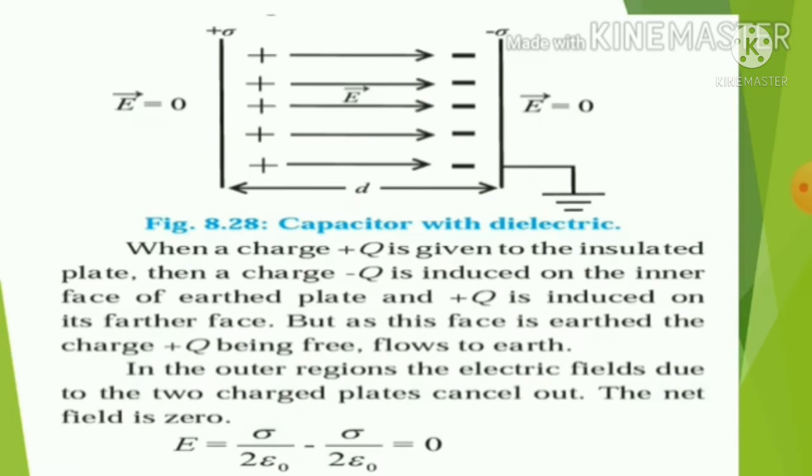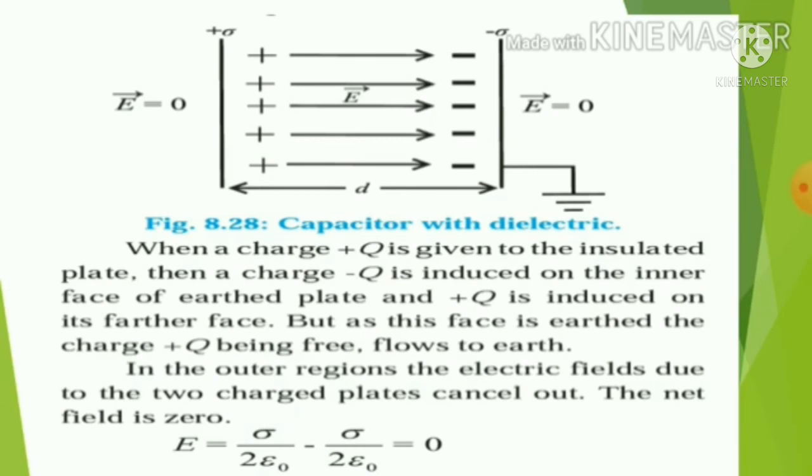But as the outer face of the second plate is earthed, the plus Q charge, being free, escapes or flows towards the earth.